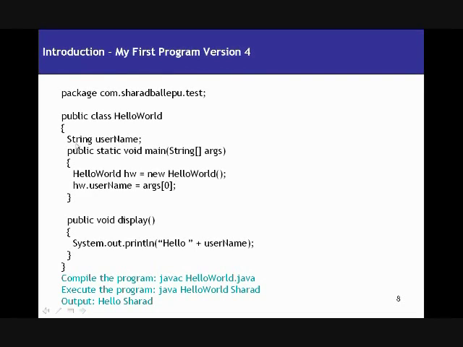In this version we do have one. So how do I use this instance variable? Since this instance variable is public, anyone can use it within my class. So I simply use that instance variable directly in my display method, and use it to display the hello username string, right? So the output of this would again be hello Sharad, right?